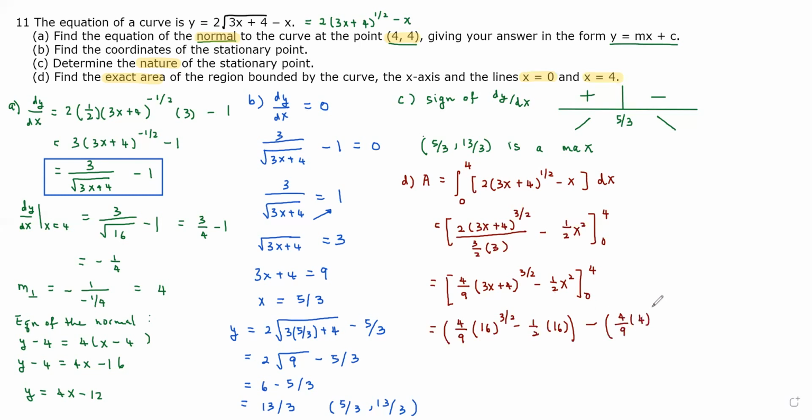So we have 4 to the 3/2 minus 0. 4 to the 3/2 is 2 cubed, which is 8. That will give us 4/9 times (64 minus 8 minus 8). So we evaluate this expression and we get 152/9.